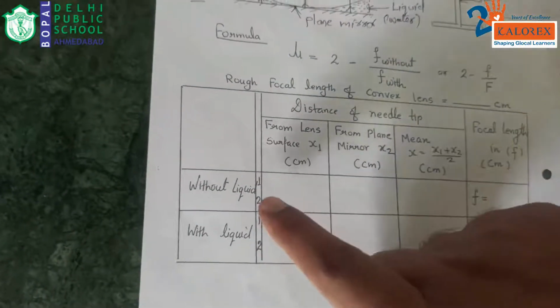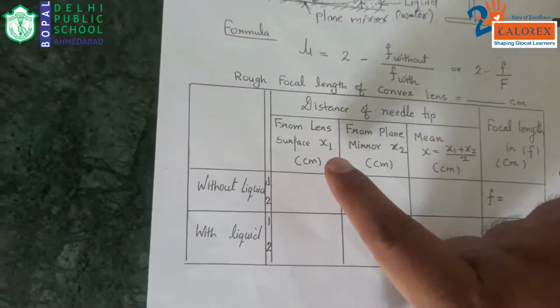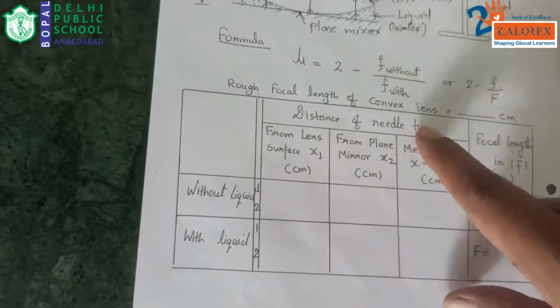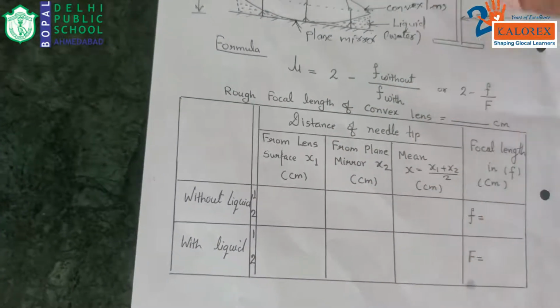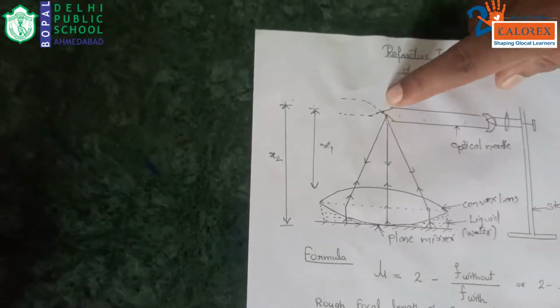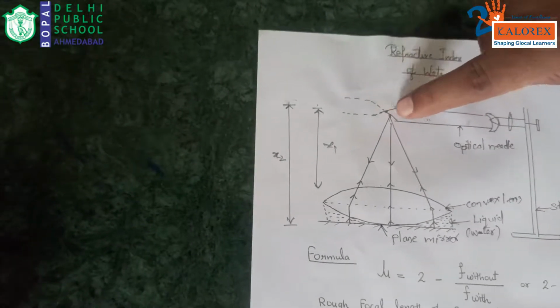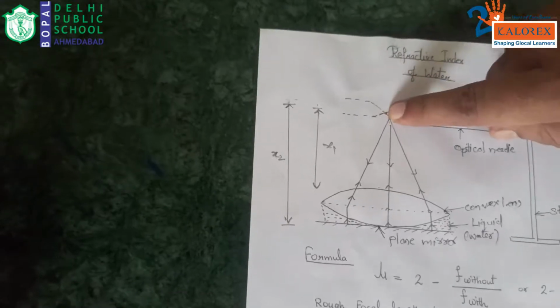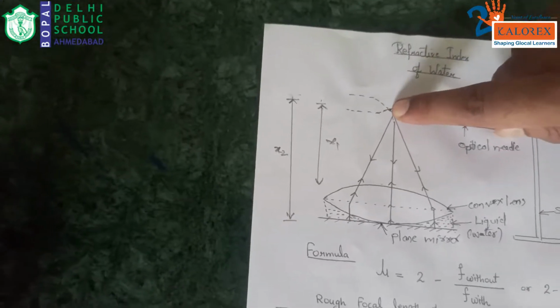The first column is the distance of the needle tip, which is the image of this needle, the dotted one you can see here.